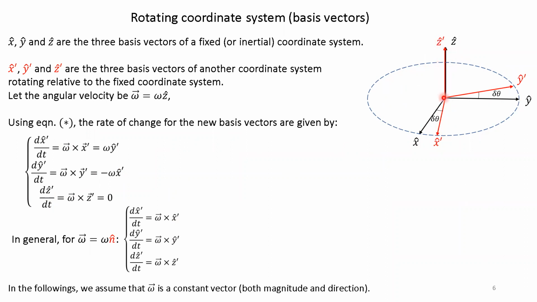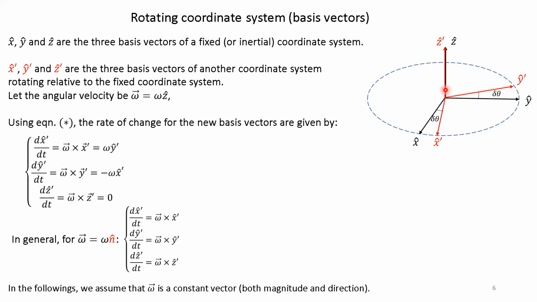Just imagine that the black one is not rotating and not moving. In both systems they share a common origin, so the origin itself is not accelerating. This point is always fixed.